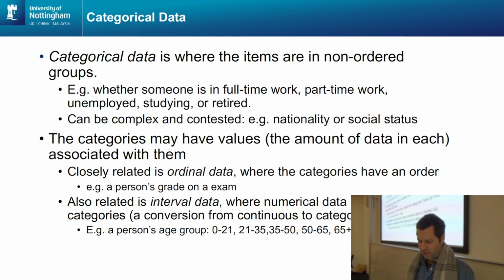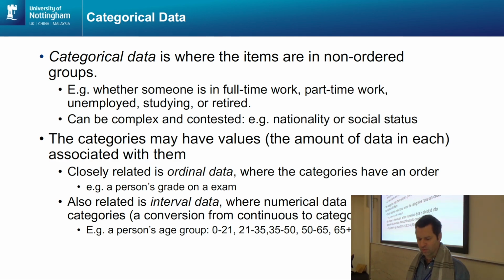So categorical data is items that might not be ordered, right? But they're in some sort of a group. Someone could be working full-time, part-time, unemployed, studying, or retired, right? The categories might have values associated with them. Like ordinal data is like first, second, third, fourth, and fifth, for example.